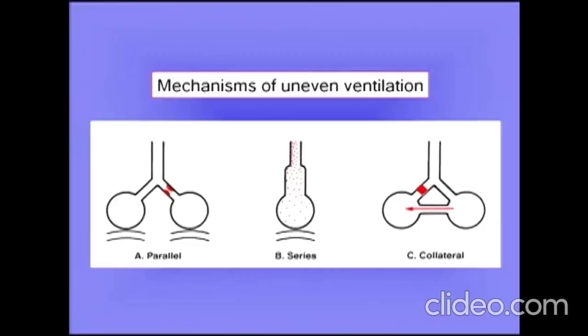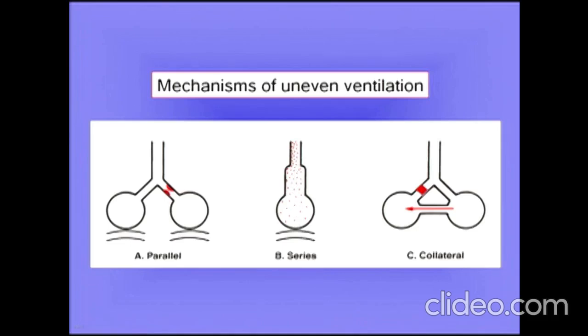And just to remind you, there are several mechanisms of uneven ventilation. There's the normal mechanism that we usually think of, where an airway is partly obstructed by mucus or whatever, and therefore ventilation is uneven, and that's called parallel inequality. There's a mechanism called series inequality, where the diffusion of the gas along the airway is compromised, and a possible example of that is centriacinar emphysema, where the center of the acinus is greatly enlarged, and you may well have some series inequality of ventilation as a result.